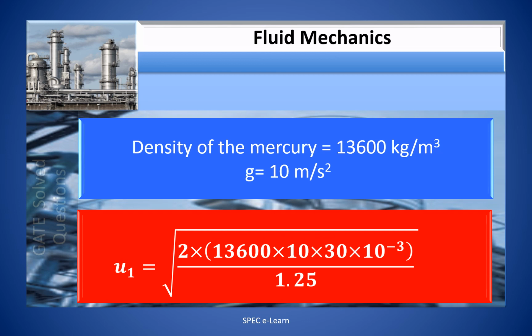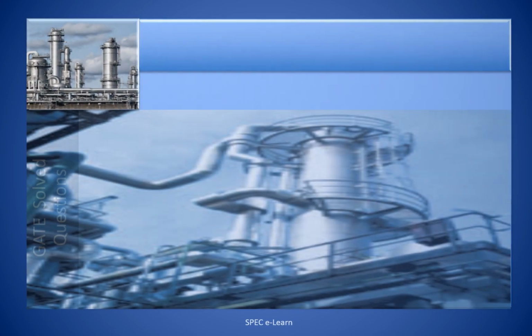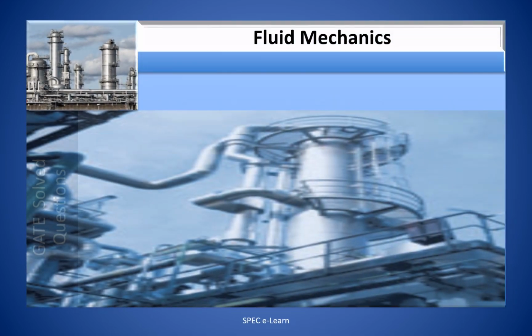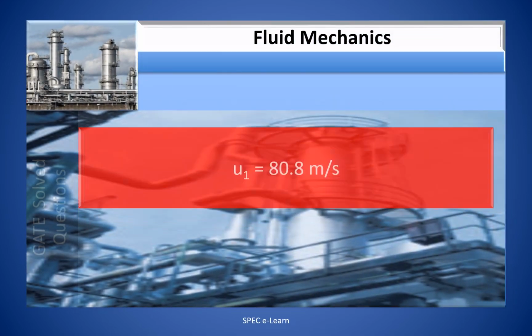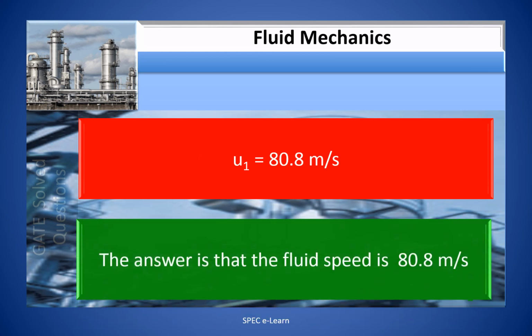Applying this data, U1 becomes square root of 2 times 13,600 times 10 times 30 times 10 to the power minus 3 divided by 1.25. U1 works out to 80.8 meter per second. So the answer is that the fluid speed is 80.8 meter per second.